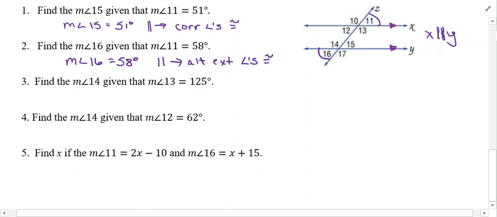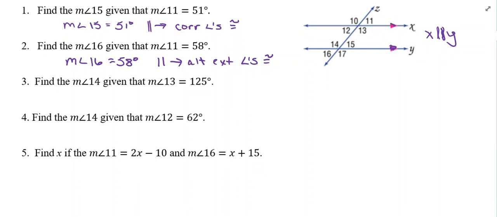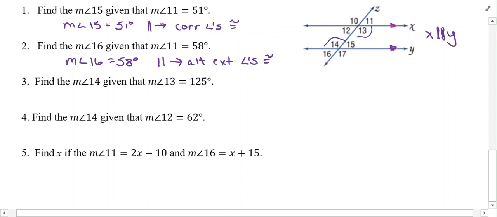Next, we want to find the measure of angle 14, given that the measure of angle 13 is 125 degrees. They are alternate interior angles, so since x is parallel to y, then 13 has to be congruent to 14. So the measure of angle 14 is 125 degrees, and that's because parallel gives us that alternate interior angles congruent.